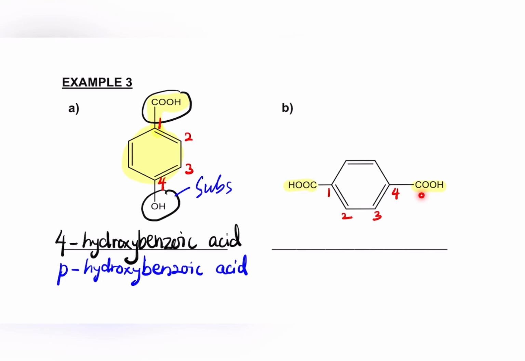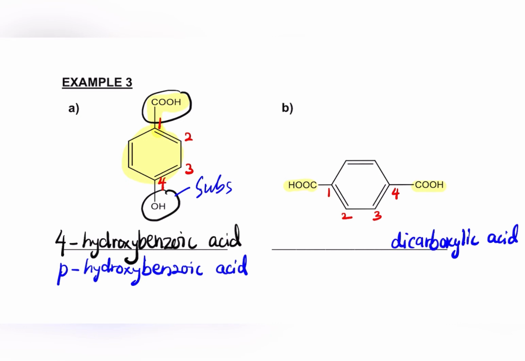We are going to use the normal naming for carboxyl group, which is their class of compound. The class of compound will be carboxylic acid. So I'm going to write it down as carboxylic acid. And due to the presence of 2 carboxyl groups, I'm going to put di in front of carboxylic acid.